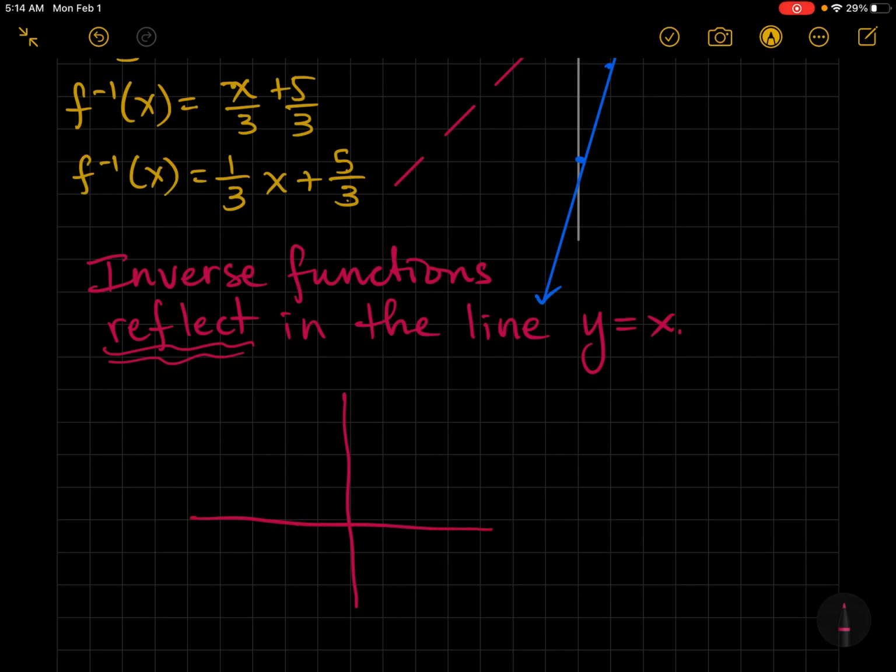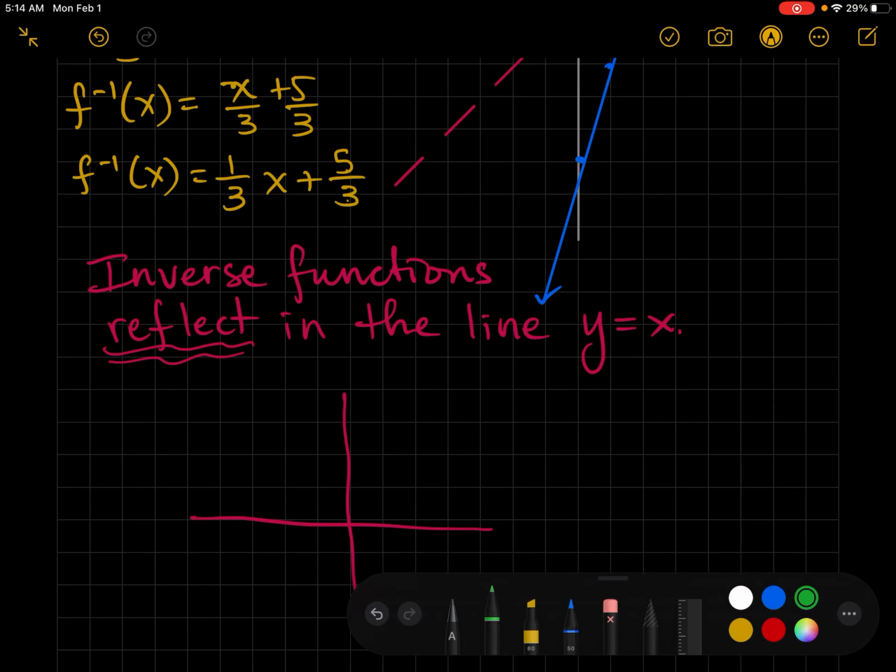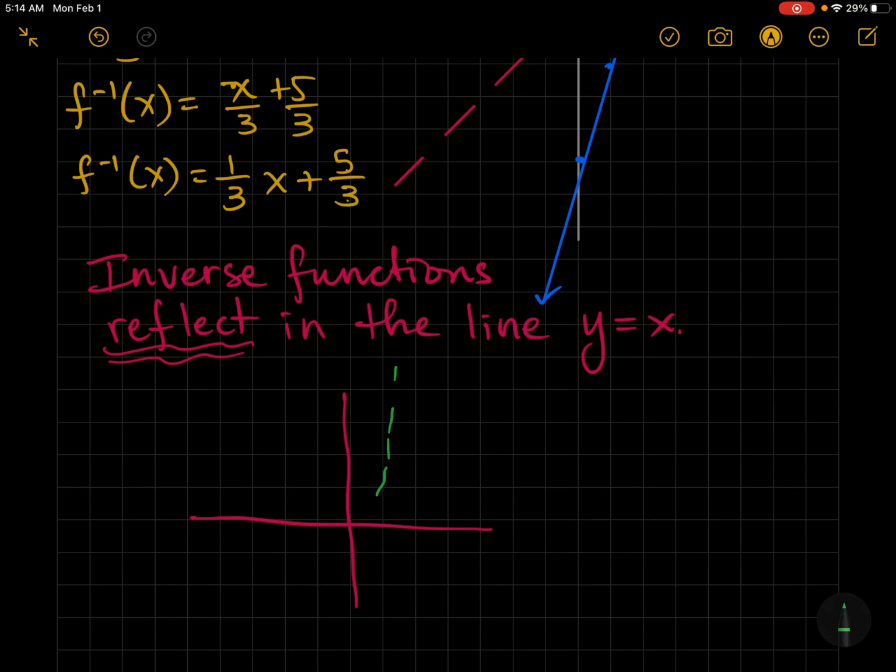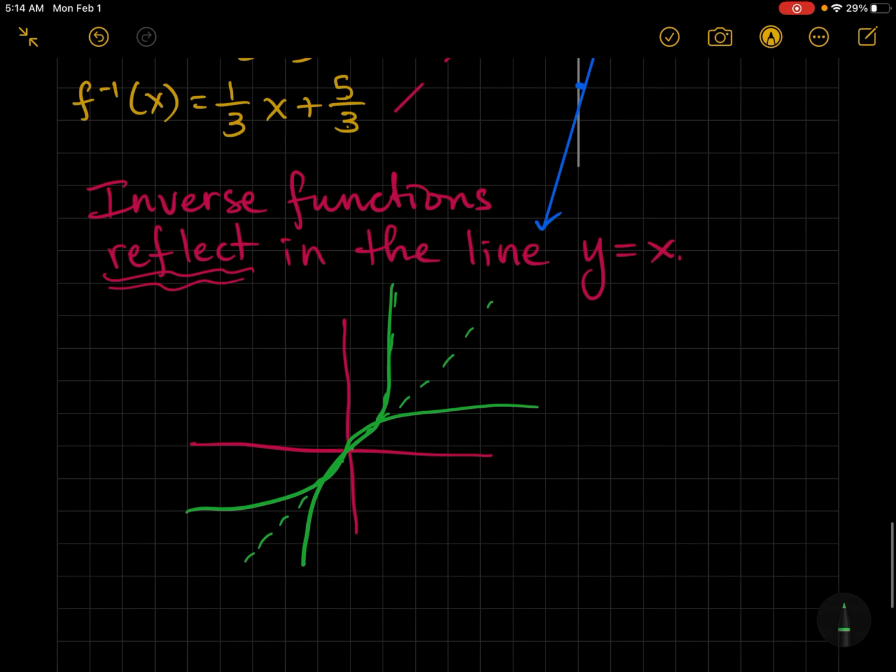For example, the cube of a function and the cube root, you'll see, will have that mirrored effect. You're also going to notice that tonight we know square and square roots are inverse functions, but something happens. A parabola is not a one-to-one function because it does not pass the horizontal line test.